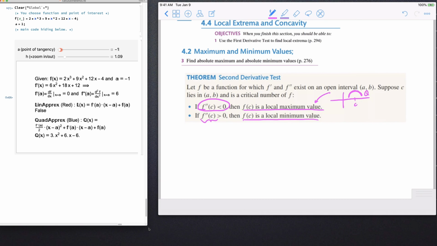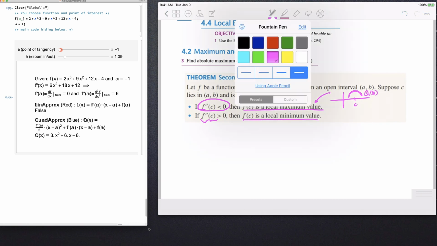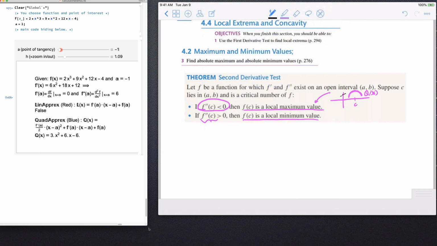It's a quadratic function that is opening down. And so the function, even though it's not a perfect approximation, the quadratic approximation is going to be saying that your function is opening downward at that point c, which means that you have to have a local maximum when the second derivative is negative.